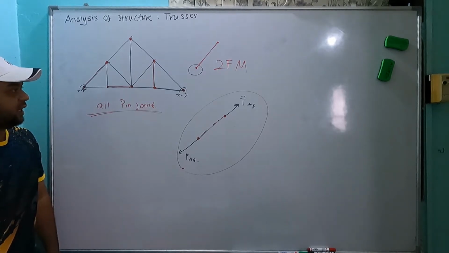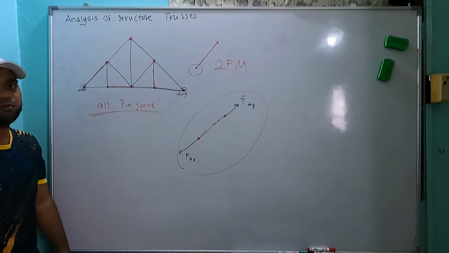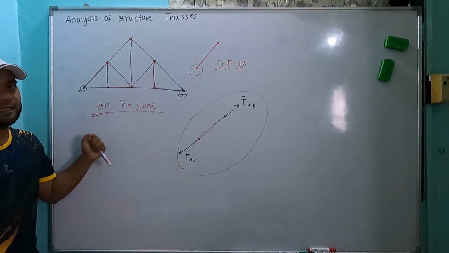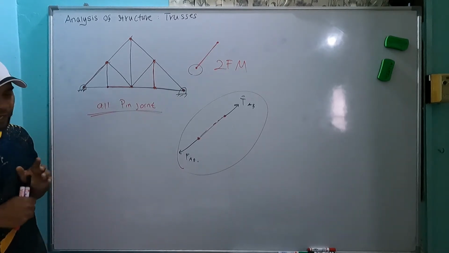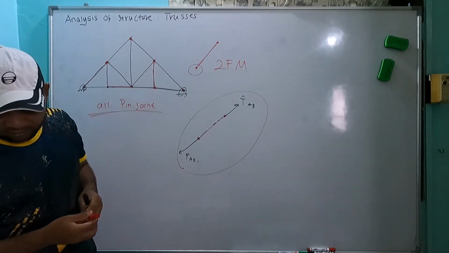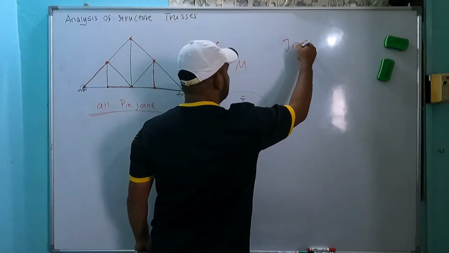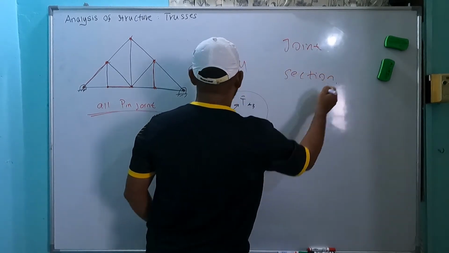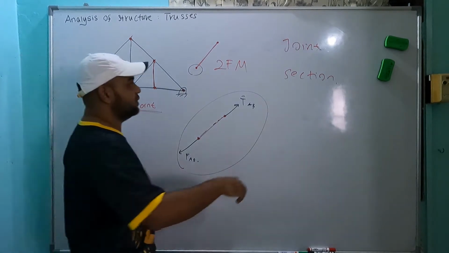And again, all the components are considered two force members, with one force in the opposite direction, either in tension or in compression. So we have two methods, which are method by joint and method by section, to solve this one.